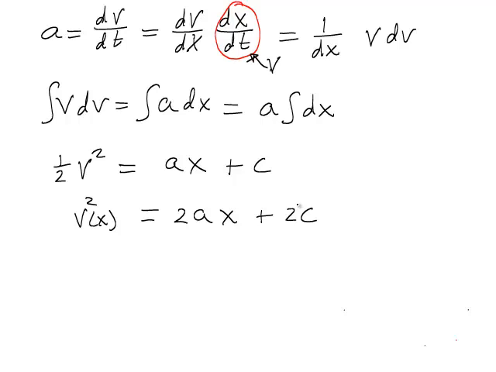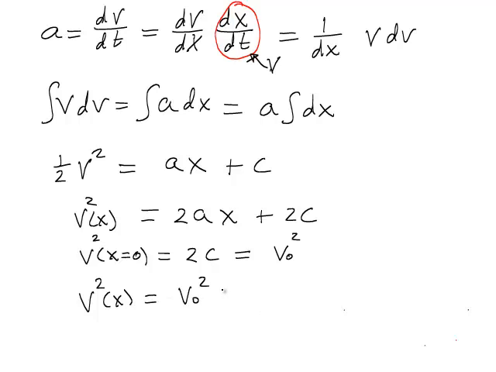What is this 2c? Again, we use the same technique we did before. Velocity as a function of position at 0, squared, is going to give me 2c, and we will just simply call this the initial velocity squared. Plugging this back in, I'm left with the velocity squared as a function of position is equal to what was my initial velocity squared plus 2 times acceleration times the distance traveled.